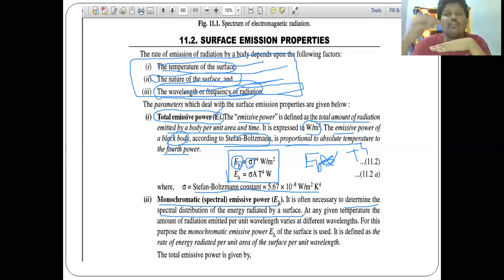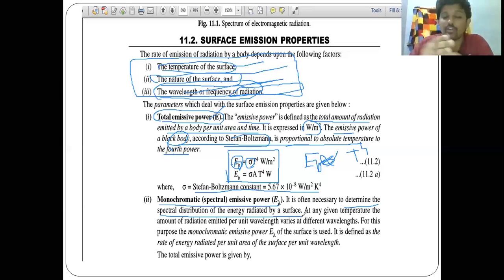That means if on a body there is some radiation impinging, we should define the wavelength of the radiation or the ranges of wavelength. That means it might be from here to here. Usually we define that in an order of wavelength. That means we cannot particularly say that this is the wavelength. We'll say from this range to this range, from 10 power minus 2 to 10 power minus 4.